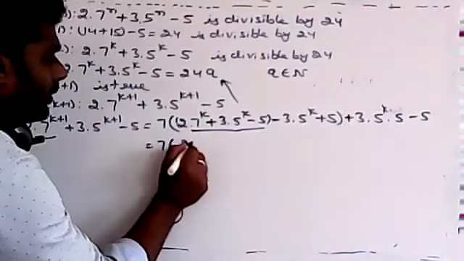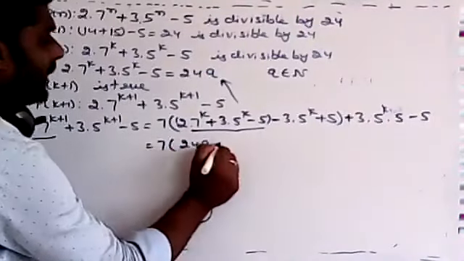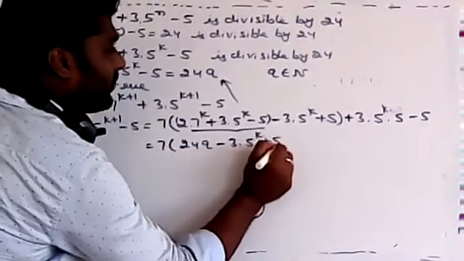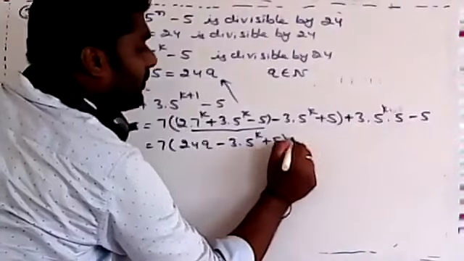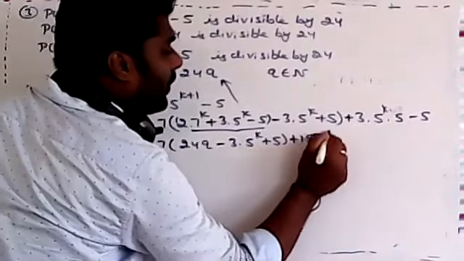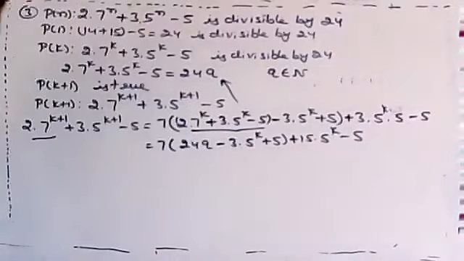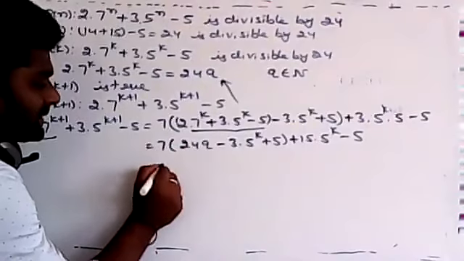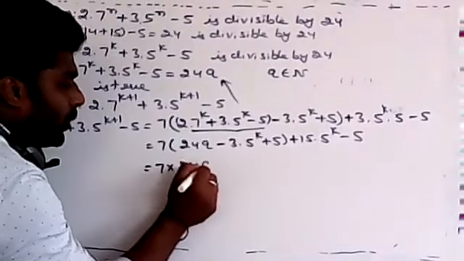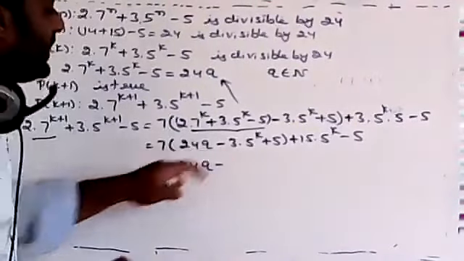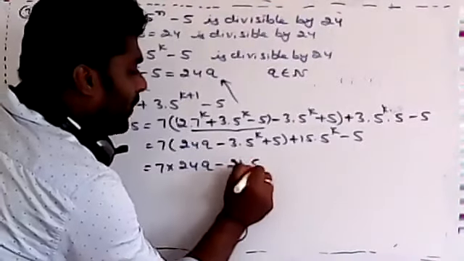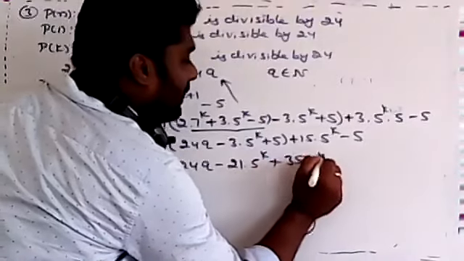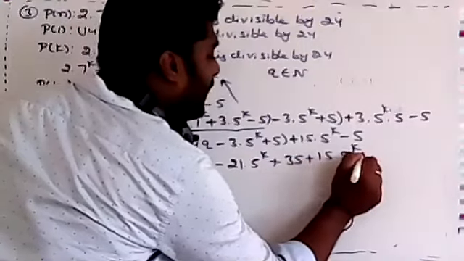24Q minus 3 into 5 to the power of K plus 5, and here 3 into 5 is 15, 5 to the power of K minus 5. Okay. Then next multiplied with 7, 7 into 24Q minus 7 3s are 21, 5 to the power of K plus 7 5s are 35, plus 15 into 5 to the power of K minus 5.